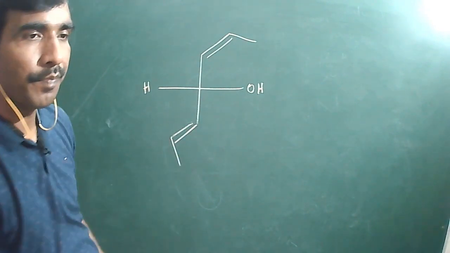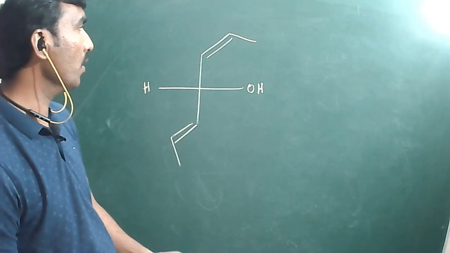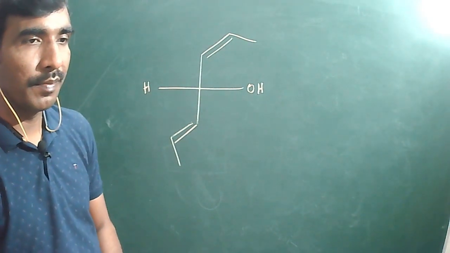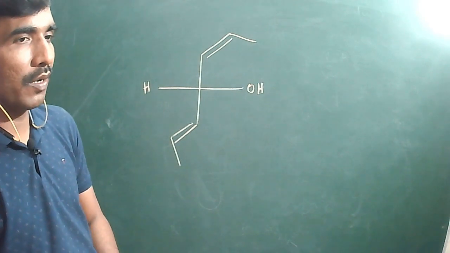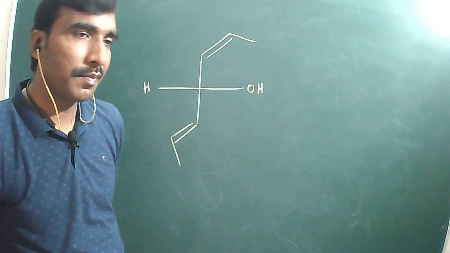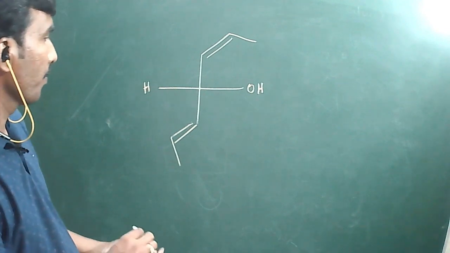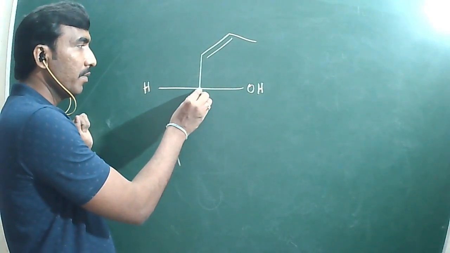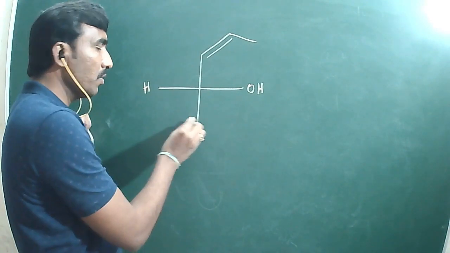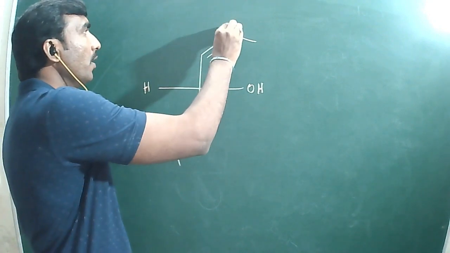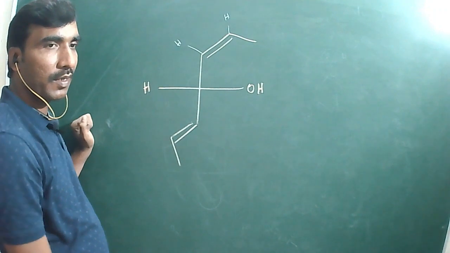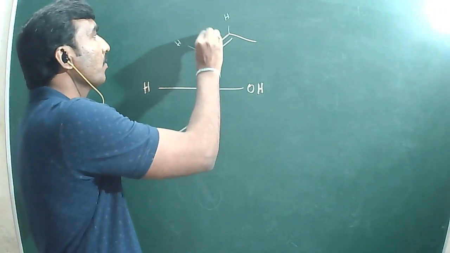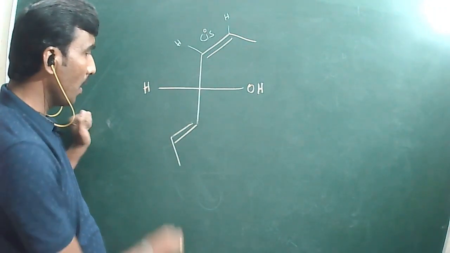Right. Now, do we have a chiral carbon in this? No. Why? Actually, this group and this group are the same. But if I take here E-Z nomenclature or cis and trans nomenclature, it is cis here and trans there.